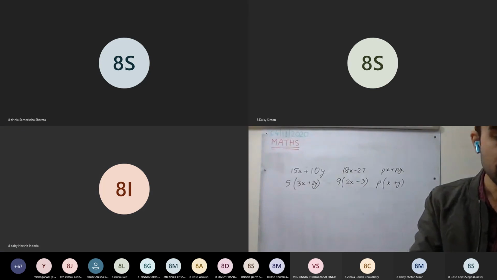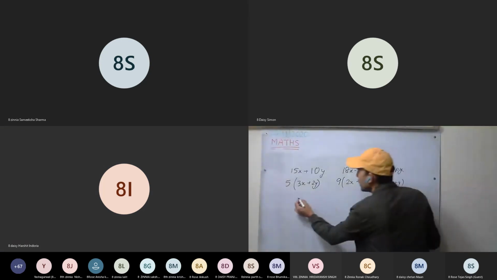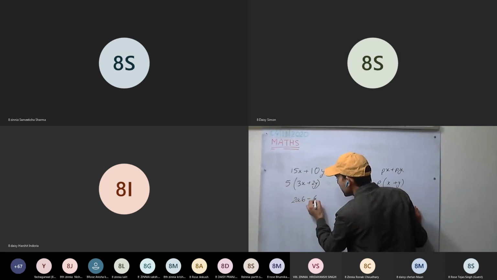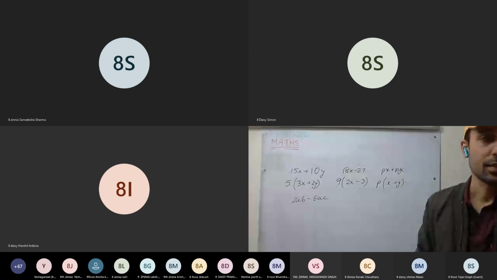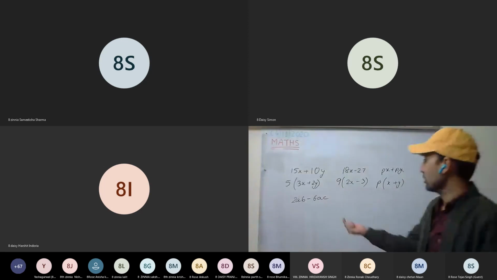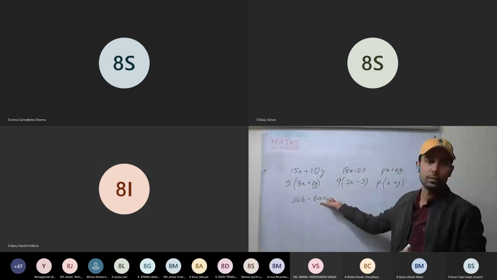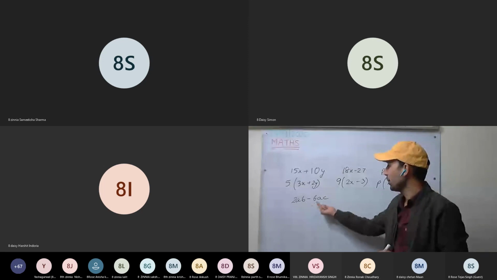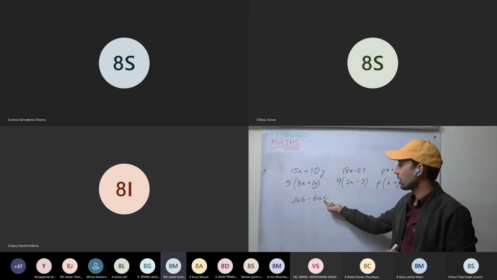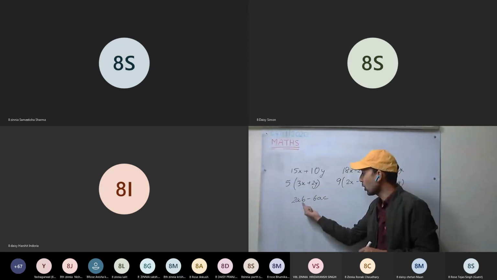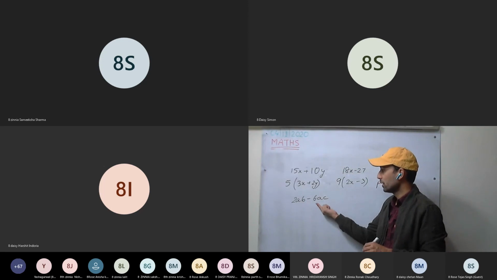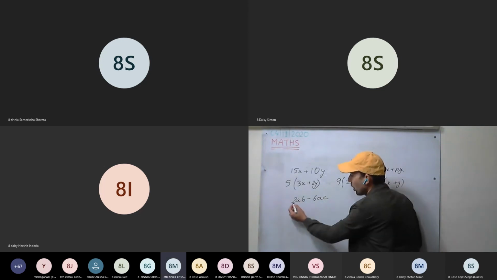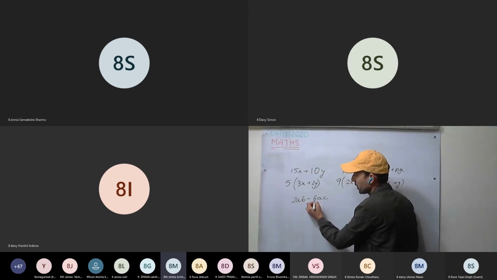Okay. Next one, Vibha, 8 DC. 2ab minus 6ac. Vibha, tell the answer. No, what will be the common out? First, tell me the highest common factor of them.